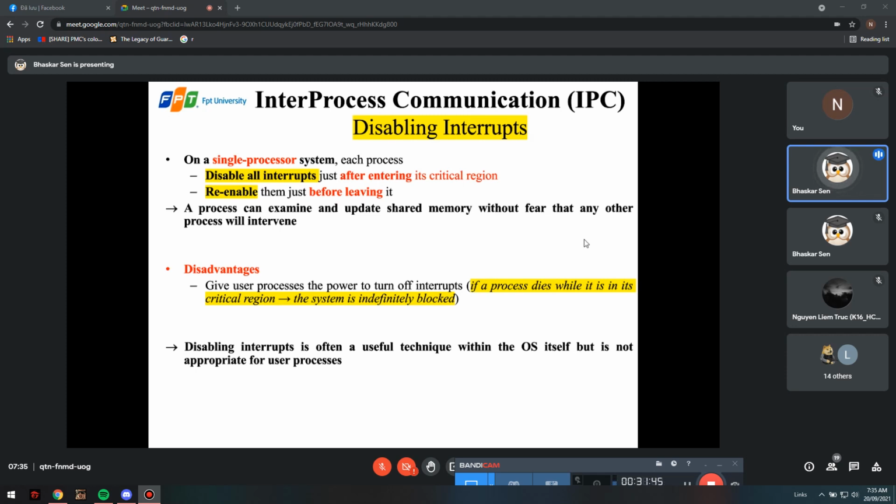So a process acquires a resource, and immediately after acquiring it, it disables all the functions by which this resource would actually give an interrupt.